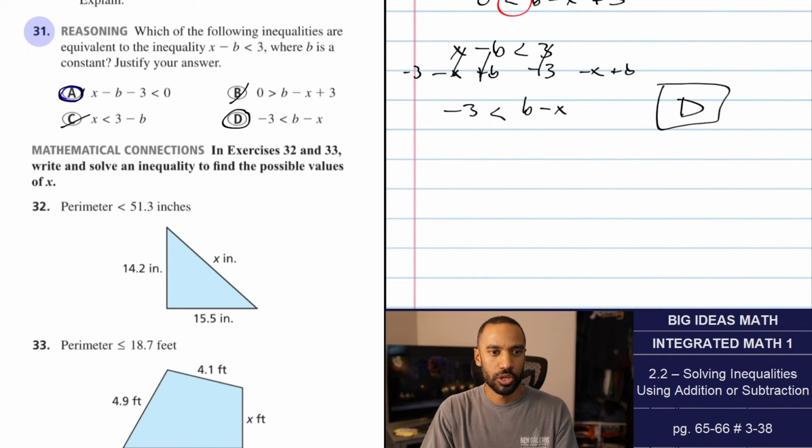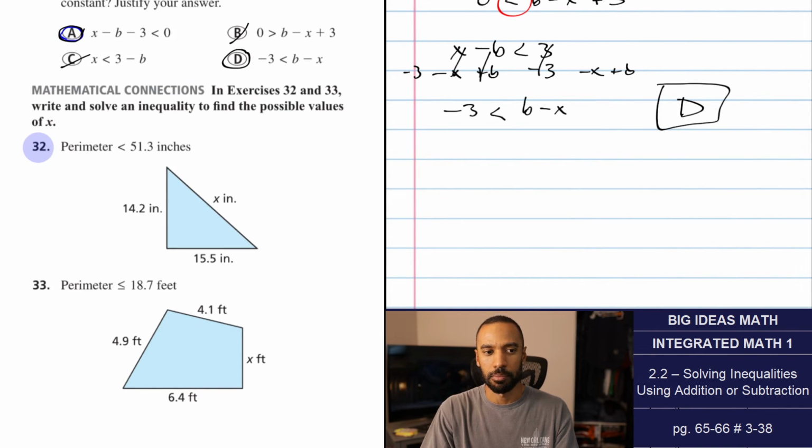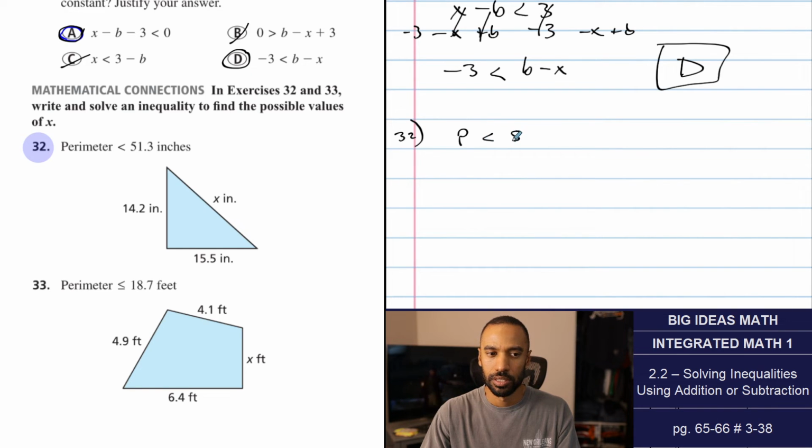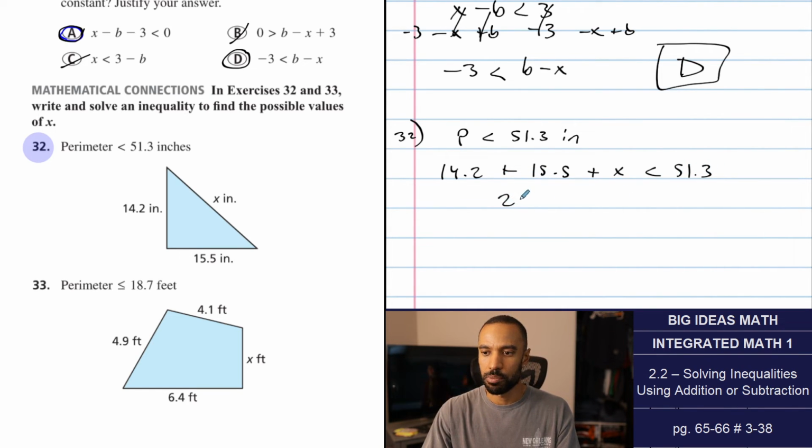All right, number 32 and 33. Write and solve an inequality to find the possible values of x. Our perimeter must be less than 51.3 inches. So when we add 14.2 with 15.5 with x, that must be less than 51.3. 14 plus 2 plus 15.5 is 29.7.